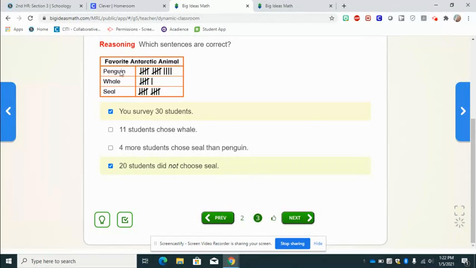So if you count the penguin and the whale, penguin has 5, 10, 11, 12, 13, 14, and then this has 5, 6. So 14 plus 6 equals 20. So that means that 20 students chose penguin or whale and they did not choose seal. So yes, that is correct.